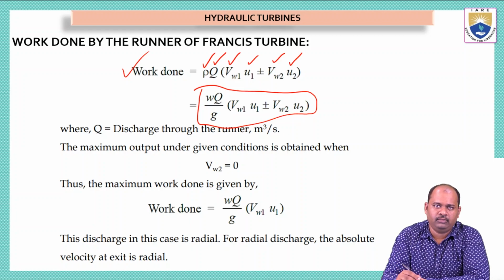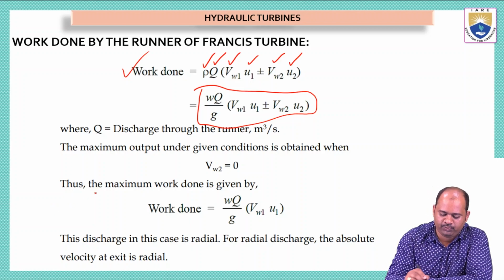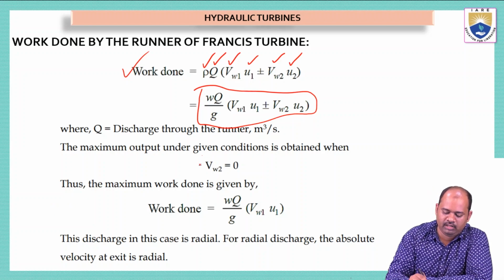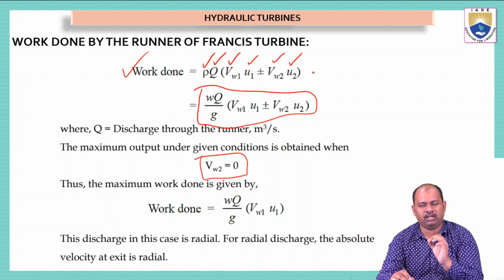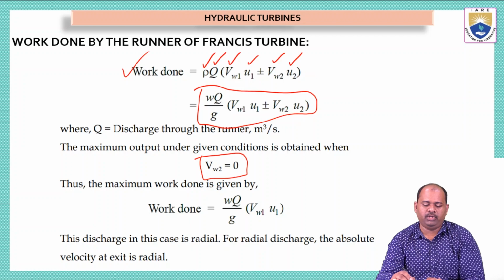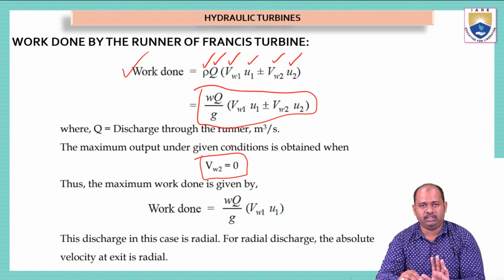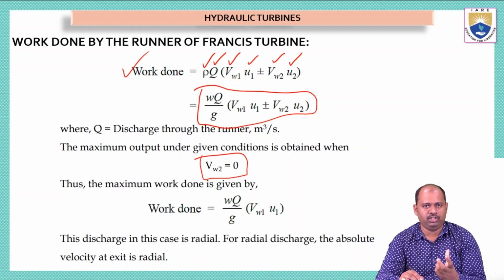Q stands for discharge, and the maximum output under given conditions is obtained when VW2 is equal to 0. So if you want to get maximum work done from this formula, we have to take VW2 as 0. That means the whirl velocity at outlet must be 0.